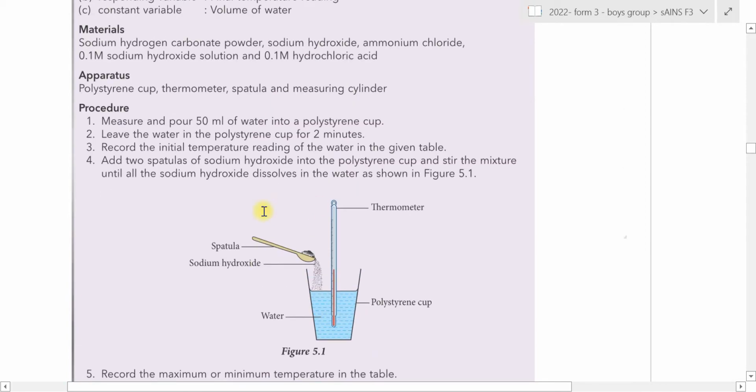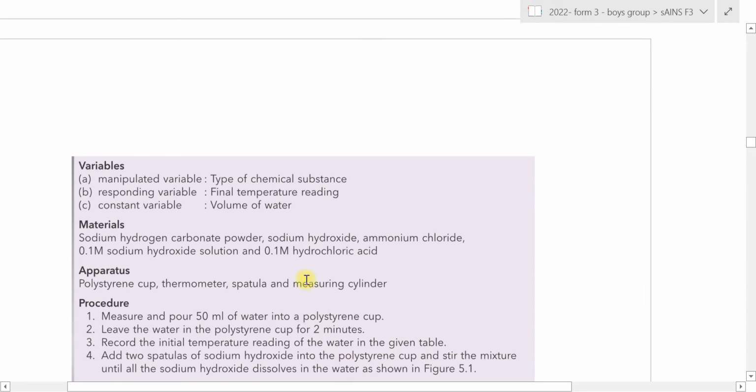You must know which chemical, when mixed with water, releases or absorbs heat. The manipulated variable is the type of chemical you are using. Your responding variable is the final temperature, which tells you endothermic or exothermic. The constant variable should be the volume of water. If you keep changing the volume of water, it will affect the experiment.